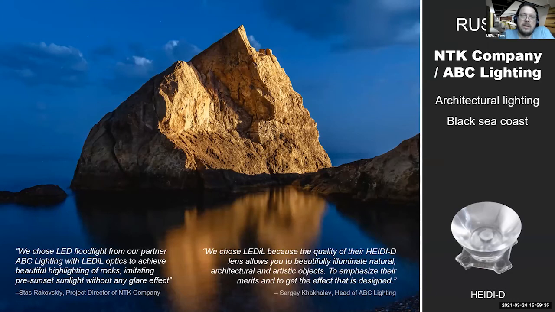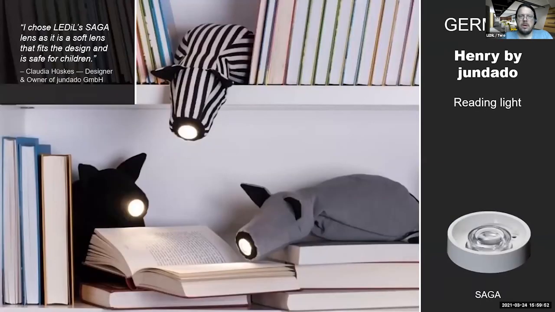Like in this case, our customers were using the perfect light to actually imitate a pre-sunset lighting on these specific rocks, and then emphasize them. Or we can use a perfect light to create something which is very cute and adorable and easily approachable.